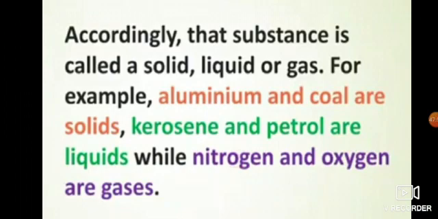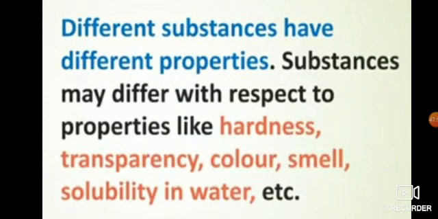Is it clear? So girls, what have we learned today? That different substances have different properties. Aluminium and coal have different properties. Liquids, petrol and kerosene, water, have different properties. And nitrogen, oxygen, carbon dioxide, they have different properties.